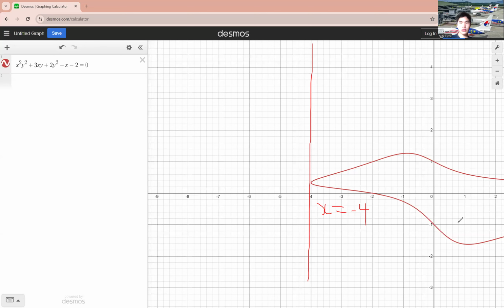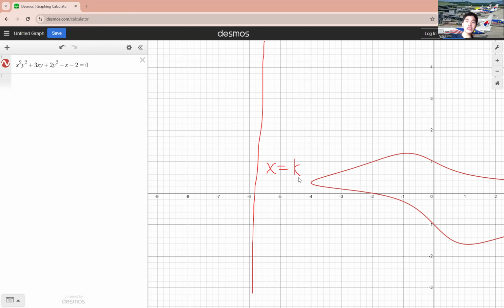I'm trying to imply that if you draw any vertical line with the equation x equals k, you're going to conclude that when k is less than -4, this vertical line does not intersect the curve at any point.